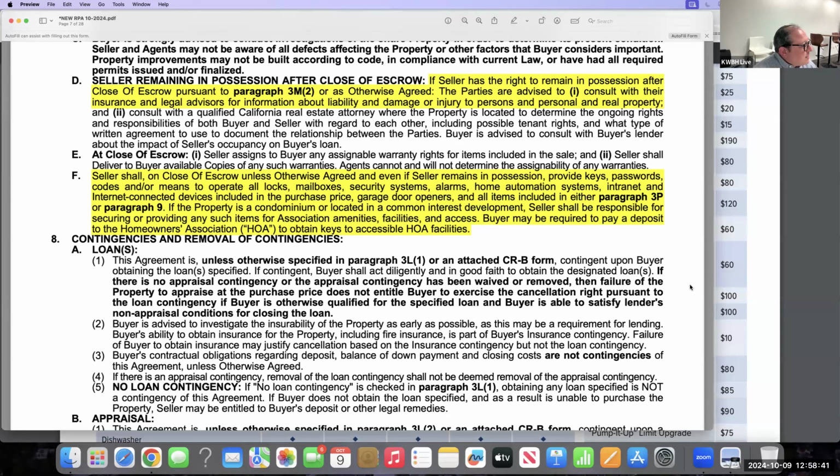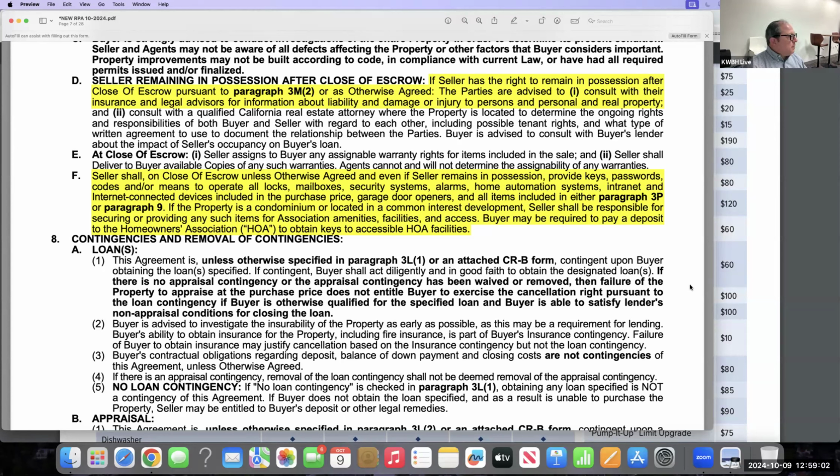There's an insurance contingency in the offer, and the buyer has to remove that contingency on time or not. So at any price, it's the buyer's responsibility.